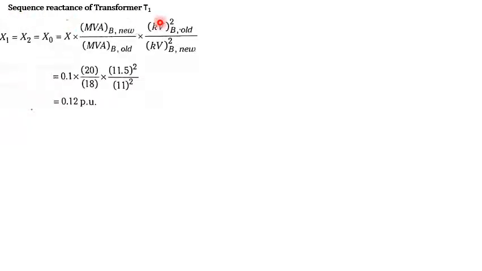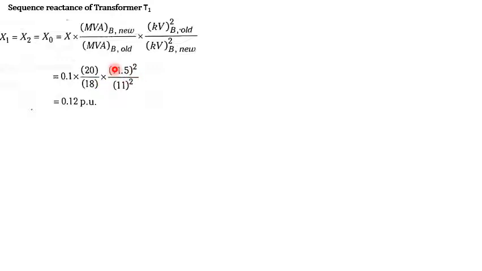Then similarly for the transformer T1, X1 is equal to X2 is equal to X0, because only the X value is given. So that is equal to X in ohm, MVA base new by MVA base old, into kV base old squared divided by kV base new squared. The X value is 0.1, the new MVA which you are considering is 20, and the old value which is given is 18 MVA, and here we are considering the generator side.